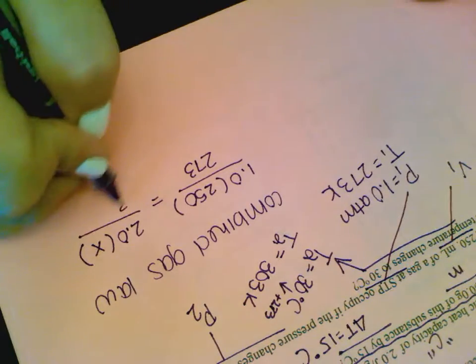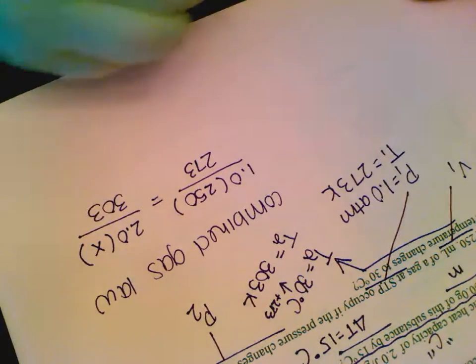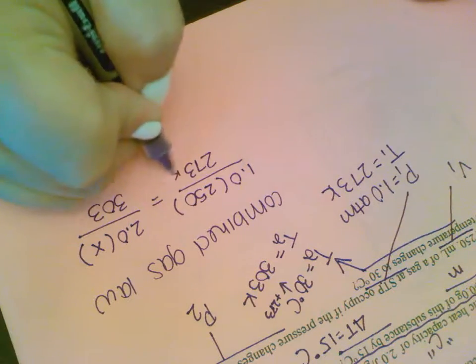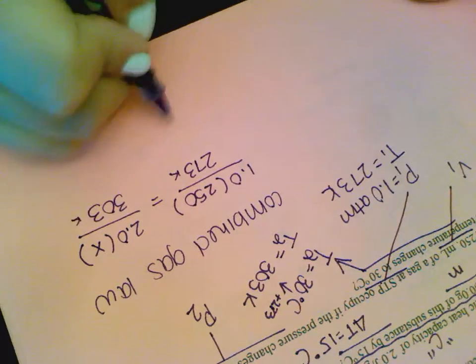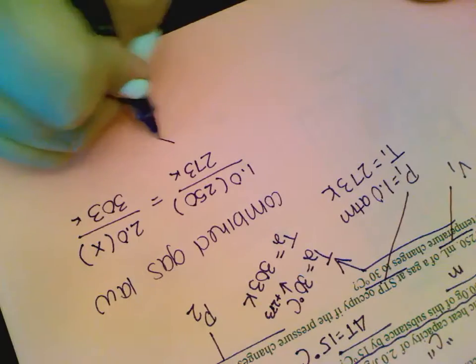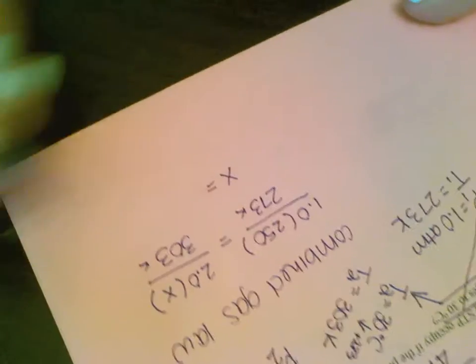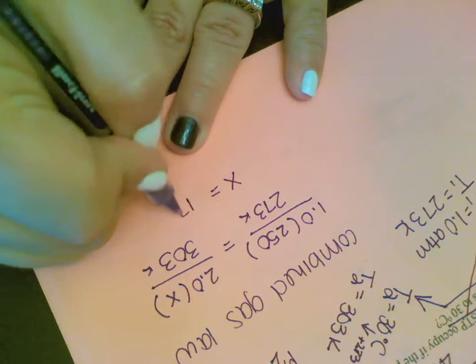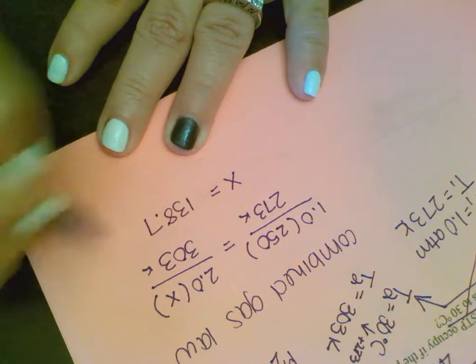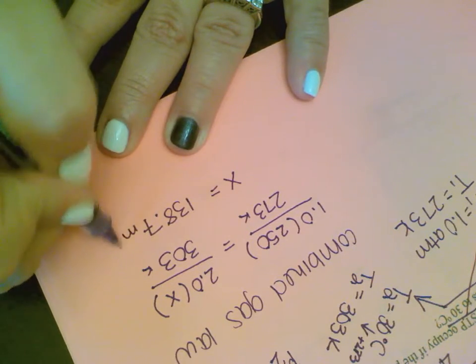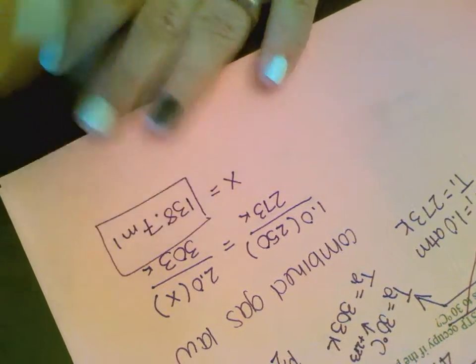But my T2 changed to 303 K. These are both in kelvins. I'm going to solve for X. Remember, you cross multiply. And X is going to equal 138.7. And now it's milliliters because it's a volume.